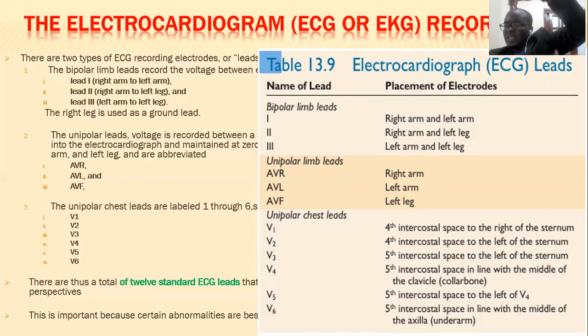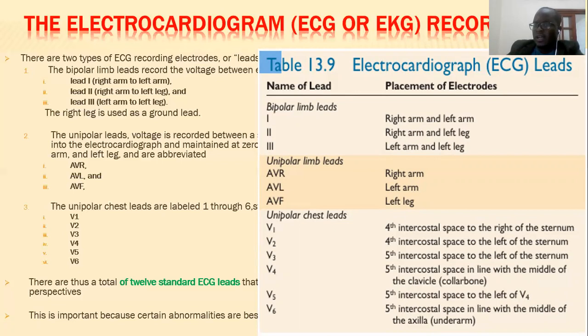Just the midline of the axilla, this is where you put your V6. So you can see that the chest leads are put on a horizontal line. From the fourth intercostal space, you jump to the fifth intercostal space, all the way going towards the lateral side of the body.